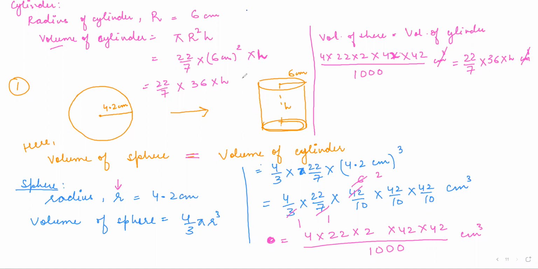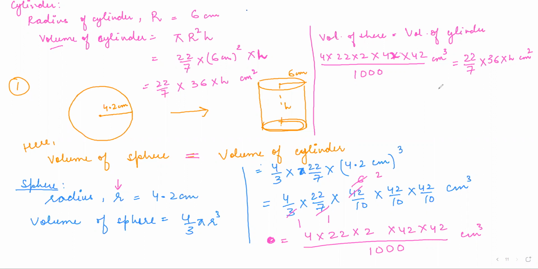So keep it centimeter square here. And then 1 will remain, so that will come with h. Right. So here I have centimeter cube and then here I have centimeter square. Is that okay? So 1 centimeter will remain when I cancel out. Is that okay, Hamna? Yes, ma'am. Okay.